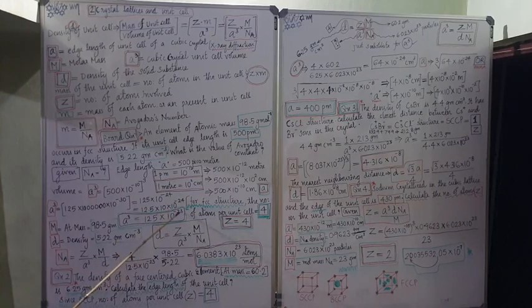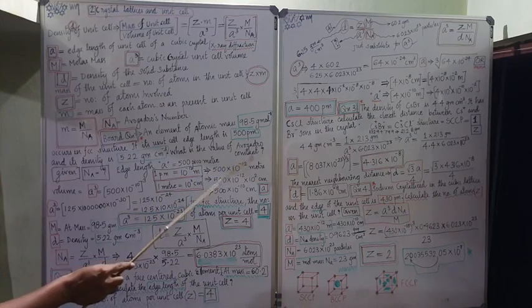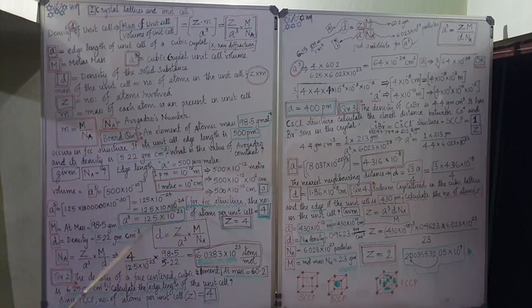I know that the Avogadro constant has a value of 10 raised to 23, so I readjust it in the form of minus 23. So a cube is equal to 12.5 into 10 raised to minus 23.